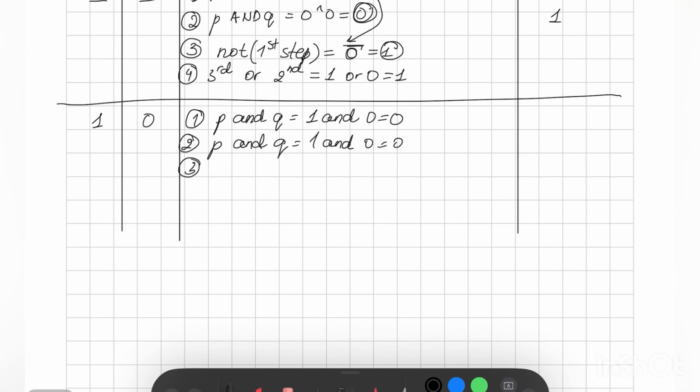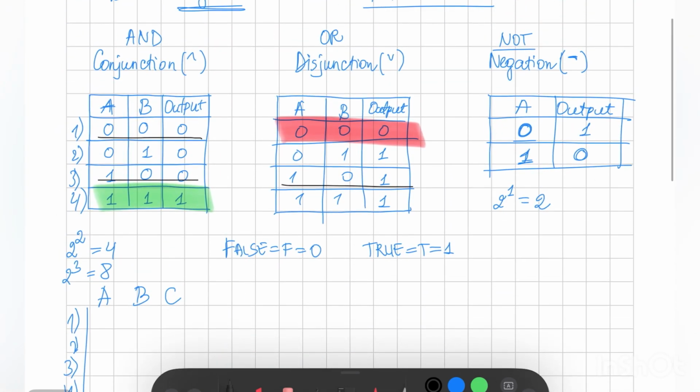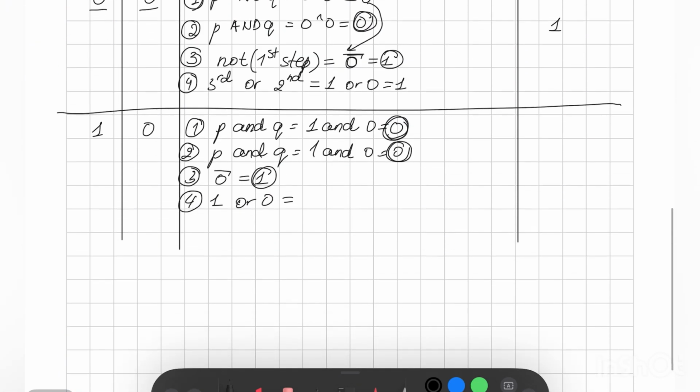Third step is not 0, right? Not 0, so it will be 1. Fourth step is third, 1, or second step's result, 0. 1 or 0 is 1. So answer is 1 as well.